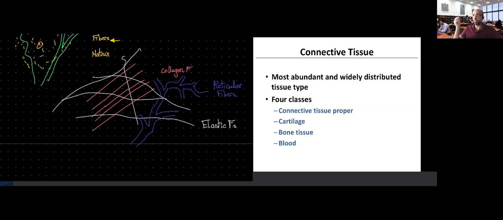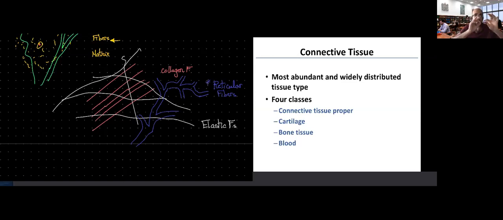So again, how many types of fibers should we focus on in order to identify the type of connective tissue that we're going to be looking at? Three types. First, collagen fibers, which are thick bundles. We have branching fibers, those are my reticular fibers.